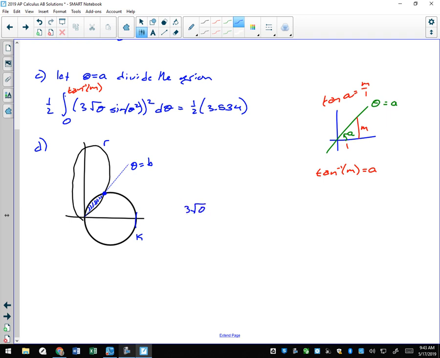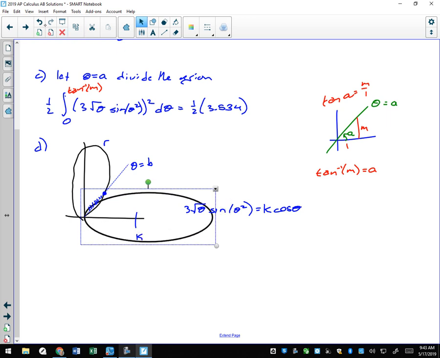So 3 root theta sine theta squared would equal K cosine theta. Obviously can't solve that. The area of a region that is also inside the circle R equals K cosine theta. As K gets to infinity, no, that was a bad idea.